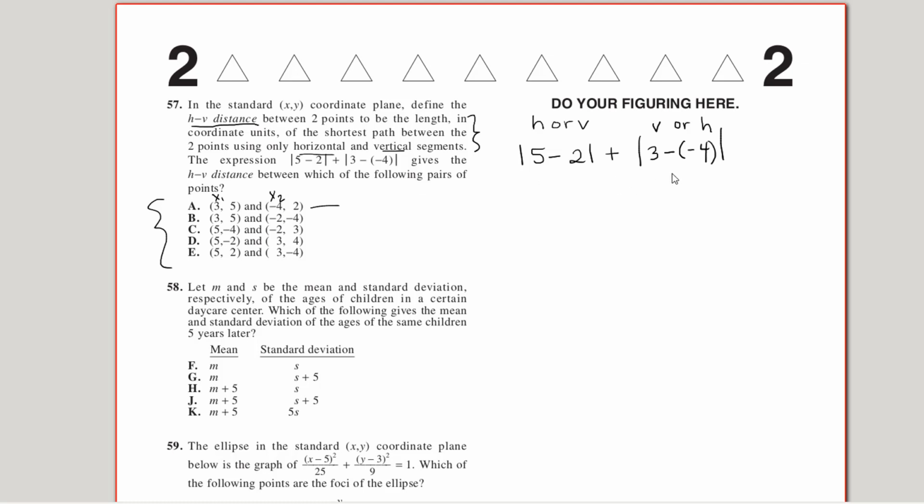Well, we actually do right here, 3 minus a negative 4, and then our y values, y1 and y2, 5 minus 2. And as it turns out, here's our 5 minus 2. So this is the difference in the vertical and then the horizontal. So this is going to be, as it looked up first, answer choice A, the points 3, 5 and negative 4, 2. And this is the expression that you would use to find the HV distance.